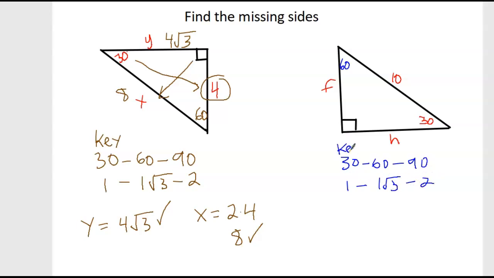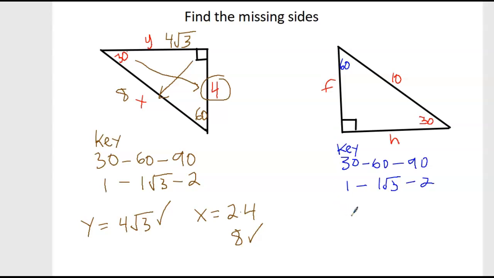This is the key. We need the 30 here first. So here we have been given this, which is really good, but we cannot jump to it and find our 60. It's going to be really hard. If we want to use this ratio, we have to get our 30 first, so we have to find our f first.